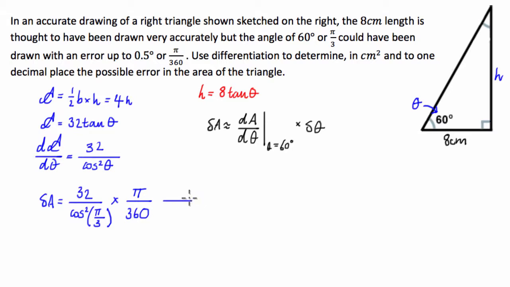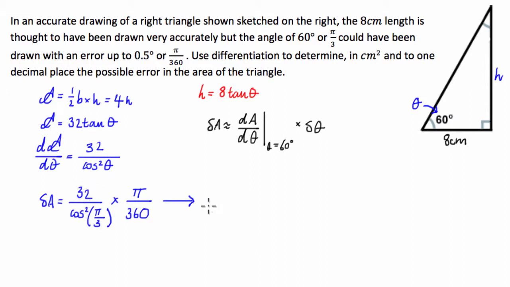We can put this into a calculator from here, but it helps you a lot more if you can do all this by hand. So cos of pi on 3 is a half, squared is a quarter. Something divided by a quarter is like timesing it by 4.